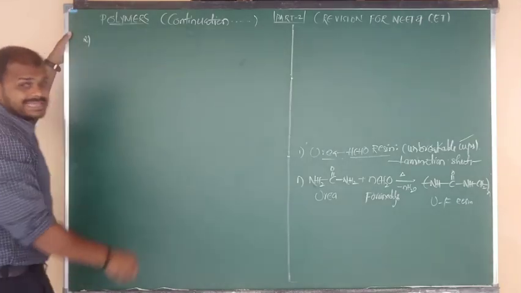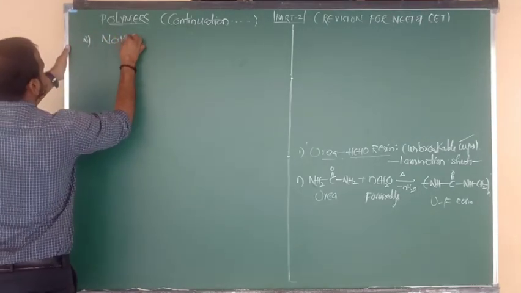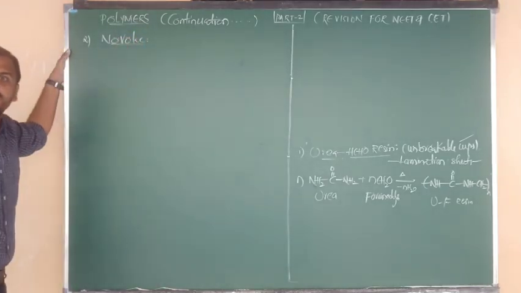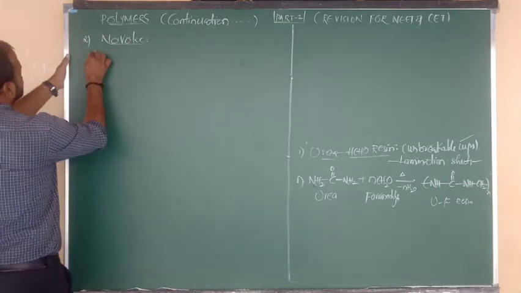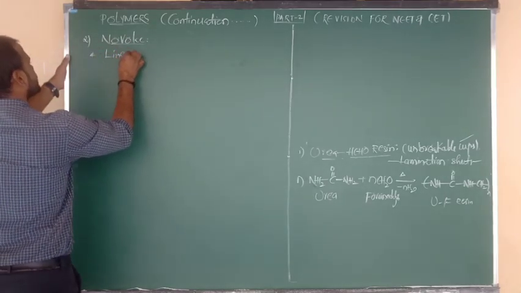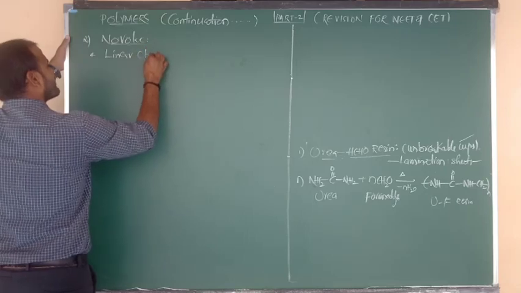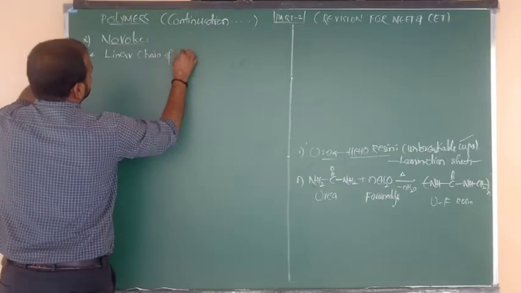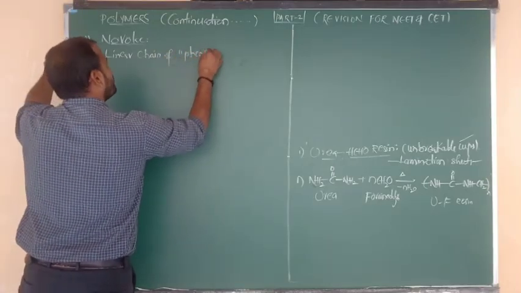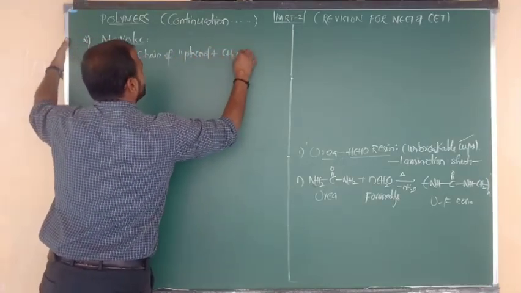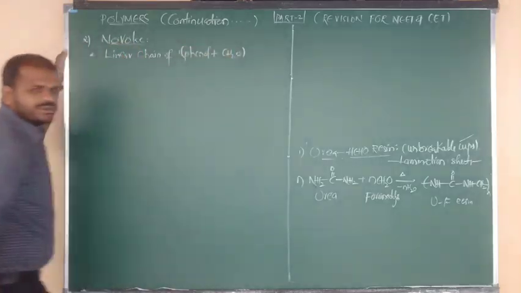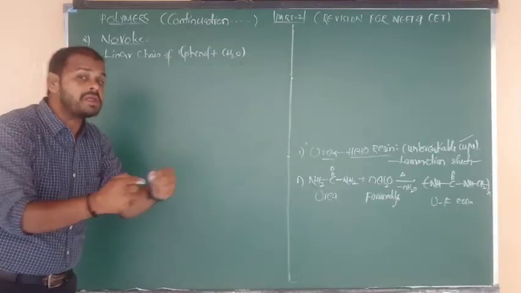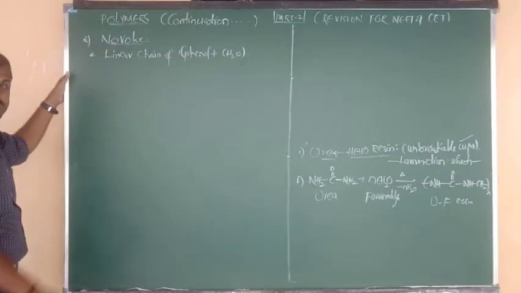The next formaldehyde resin is Novolac. So first of all, try to know what is meant by Novolac. Novolac is a linear chain polymer of 2 monomers. One is phenol and the other is formaldehyde. The condensation of phenol and formaldehyde, upon linear cross linking, forms the product Novolac.